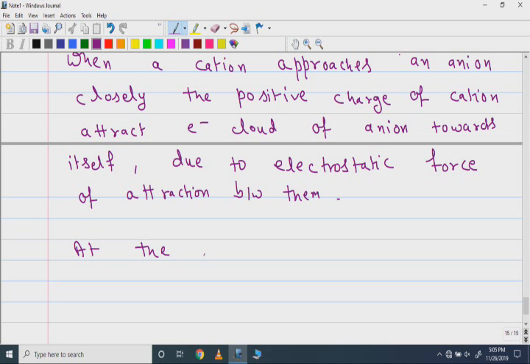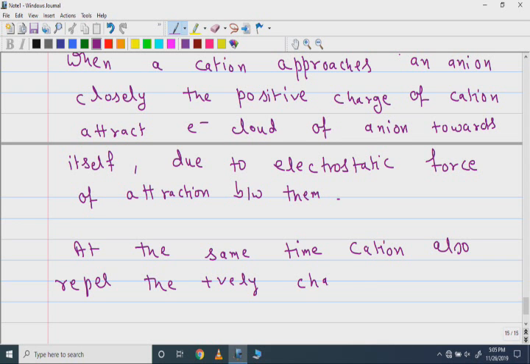At the same time, the cation also repels the positively charged nucleus of the ion.